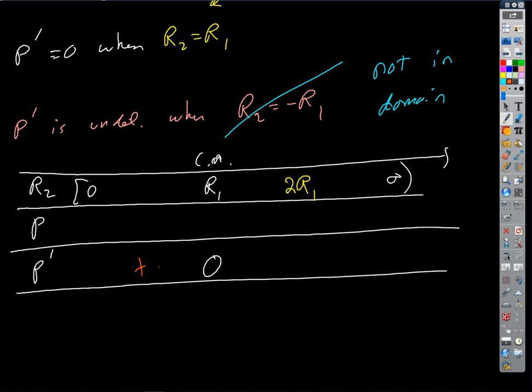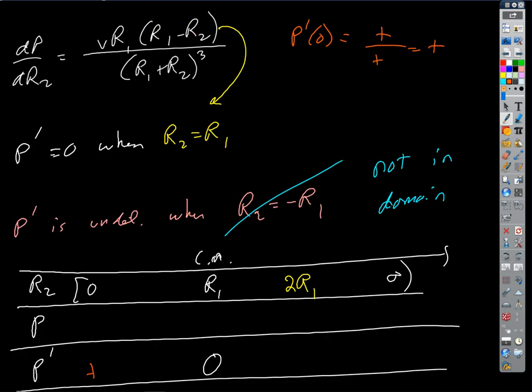It's there. And then at 2R1, what are we going to get? P prime of 2R1. On the top, we're going to get what? Negative. Yep.